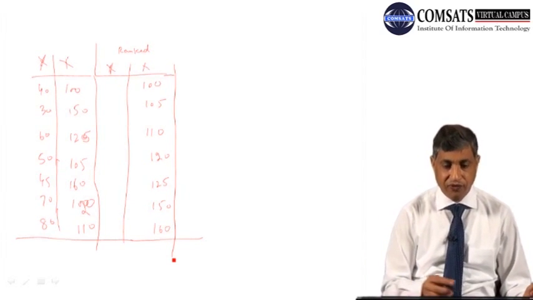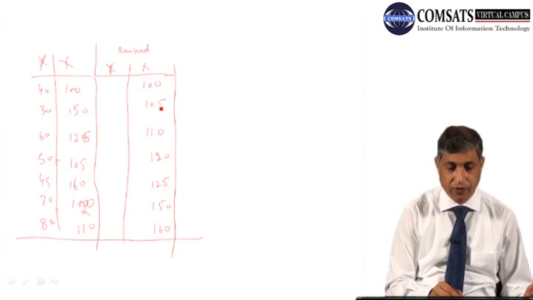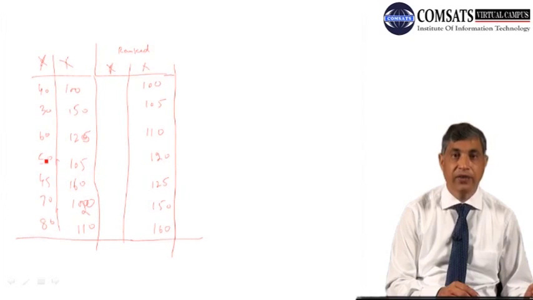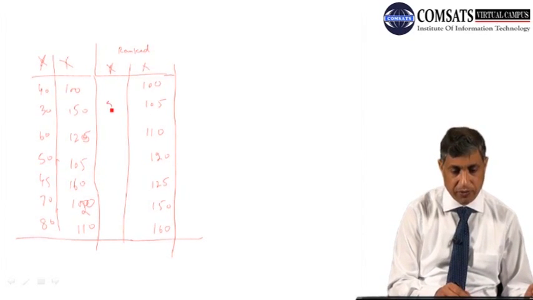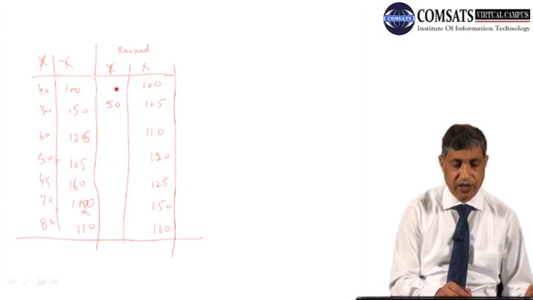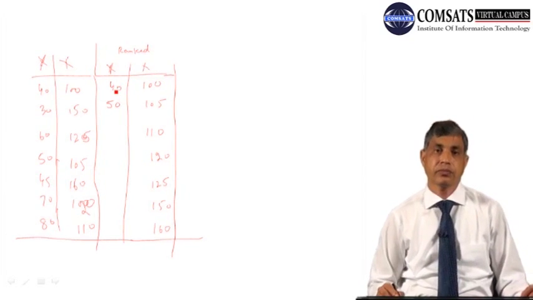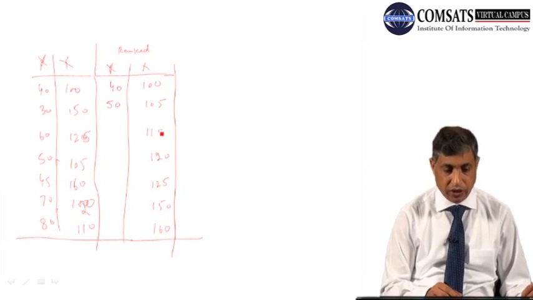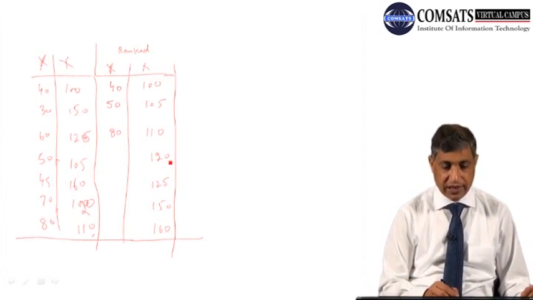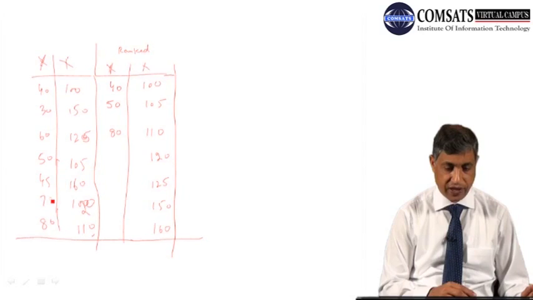Now look at this. When x was 105, the value of y was 50, so I write 50 against it. When x was 100, y was 40. The first pair is the same. When x was 110, y was 80. When x was 120, y was 70.